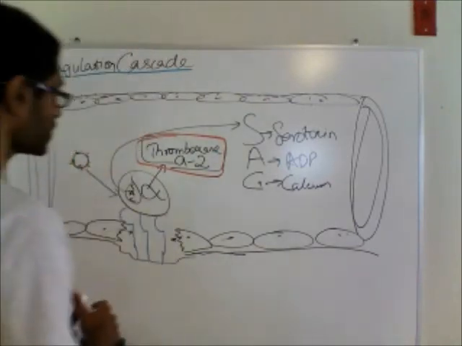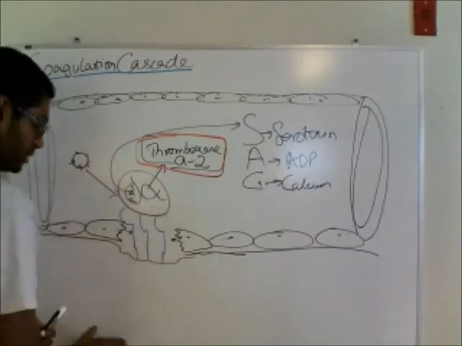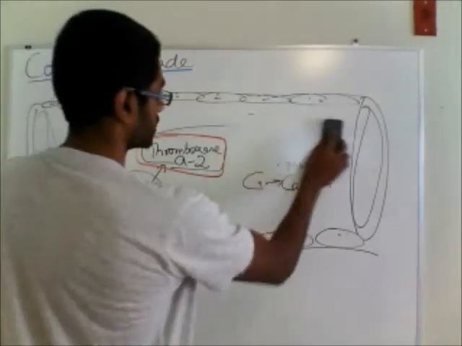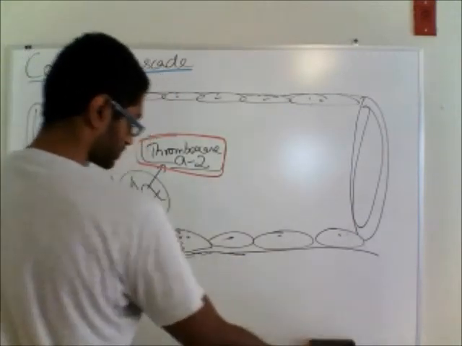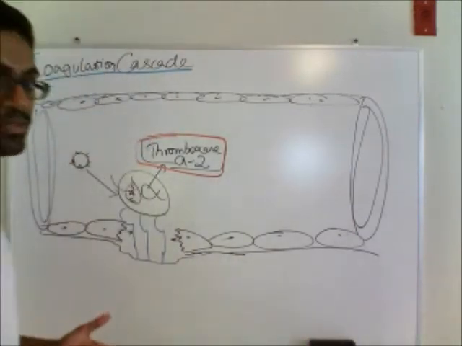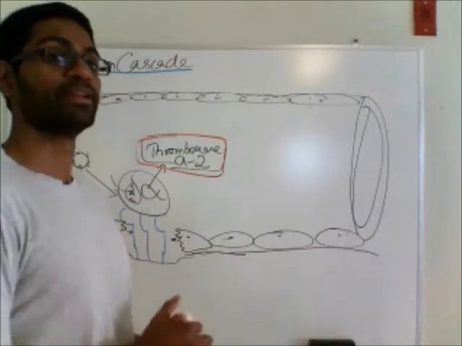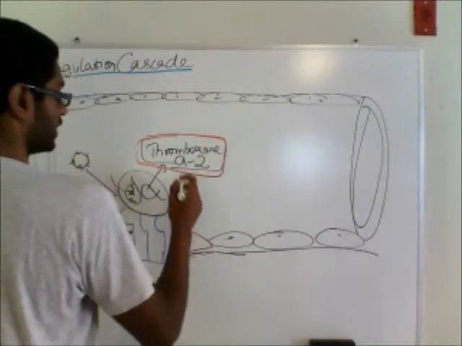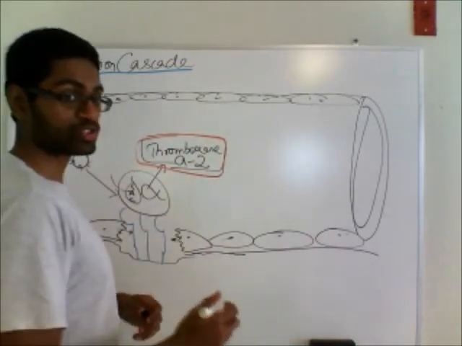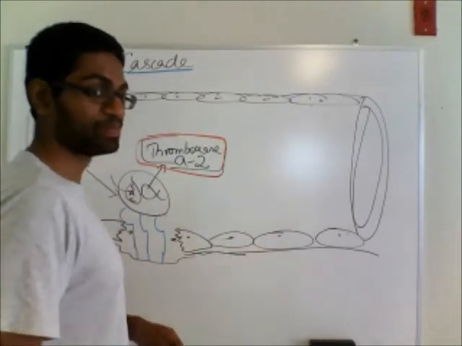Before I go into these three, I'm just going to mention the importance of thromboxane. Make sure you have SAC written down, or you don't have to write it down if you can remember it. It's just serotonin, adenosine, and calcium. Very good. Thromboxane is a potent vasoconstrictor. Now what did we say these endothelial cells release that's a vasodilator?